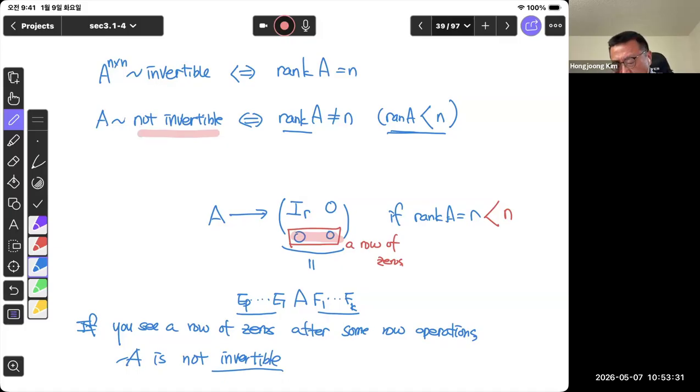Actually, if you see a row of zeros, then that means the rows are linearly dependent, so that your matrix cannot be invertible.